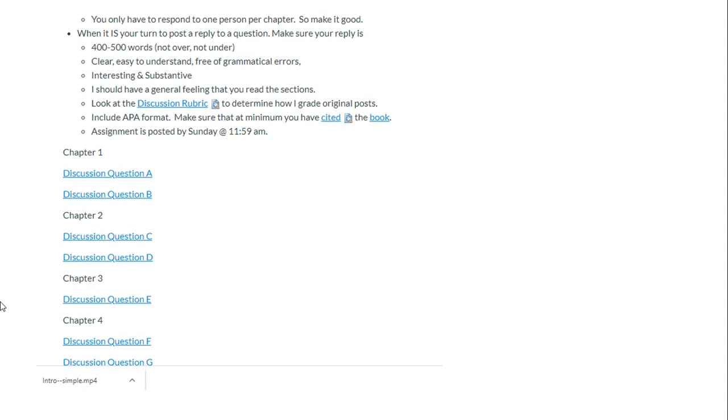That means there should be paragraphs, there should be sentences, capitalize the first letter of each sentence, put a period at the end, use your commas correctly, etc. It should look like a paper, even though I am not expecting you to have a complete introduction or a complete conclusion.